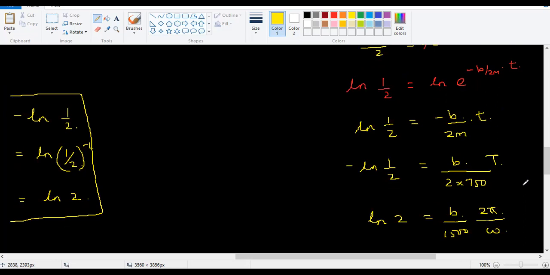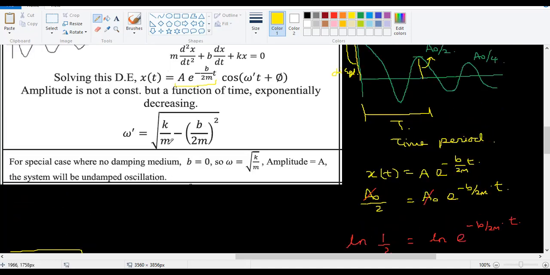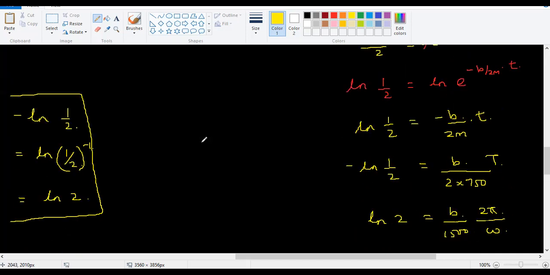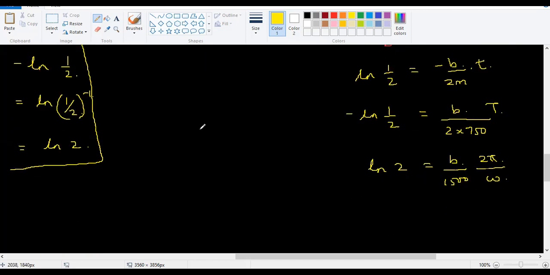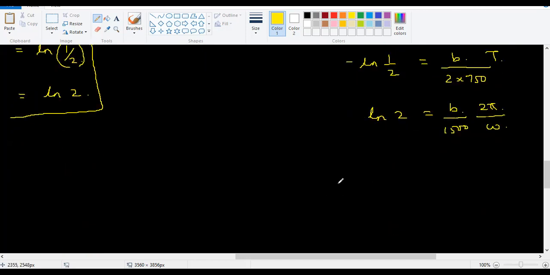So B by 1500, 2 pi by omega. Omega I can write according to this as square root of k by m minus B by 2m, squared. K is known, B is asked, 2m. Ln 2 is 0.693. B by 1500, 2 pi by omega.